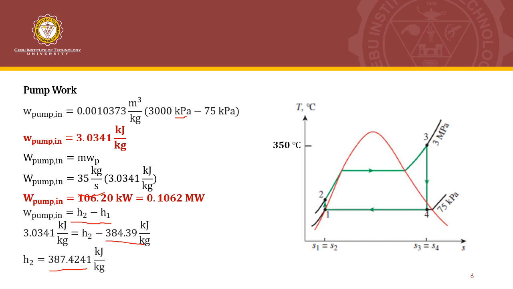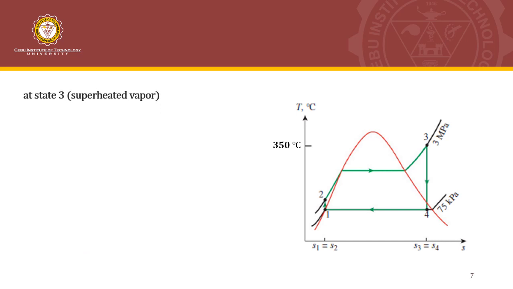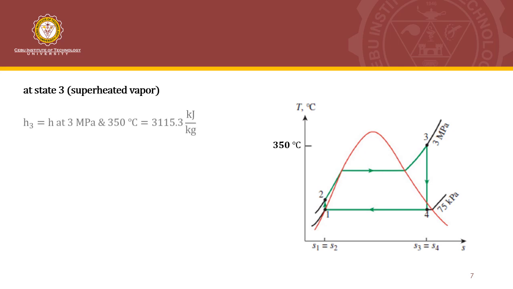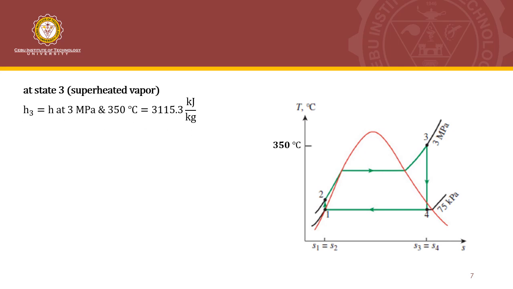Now that we have the enthalpy at point 1 and also the enthalpy at point 2, we can proceed with state 3. For state 3, it is given in the problem that it is superheated vapor, which has a pressure of 3 megapascal and 350 degrees Celsius. We can use now the superheated vapor table in the steam table.